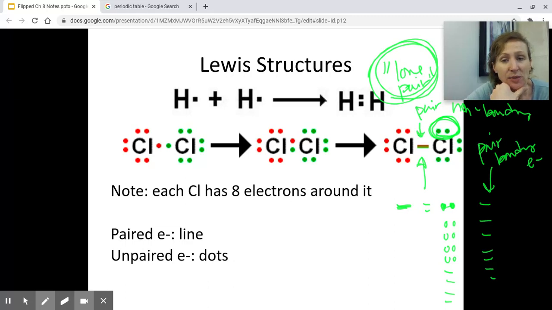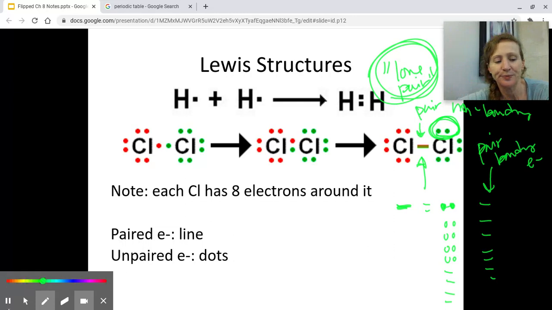It is possible to end up with a rogue electron that is not paired. It's really unusual. It's going to form a super high potential energy system. The system is not going to last very long. It's going to bond with something real fast, but you can actually have a rogue electron all by itself. Just very unusual.